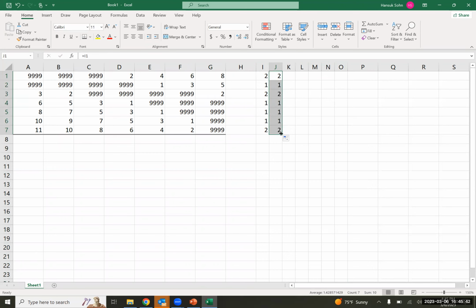For the easy computation, okay? So those are the minimum values.